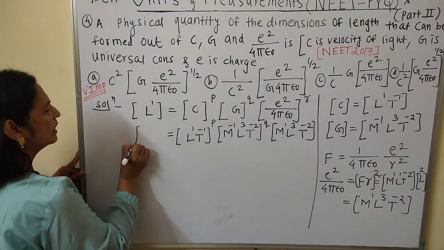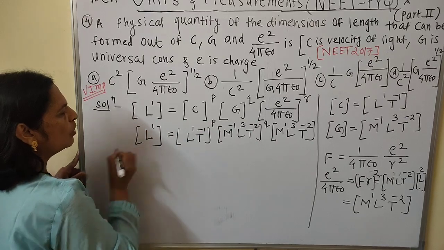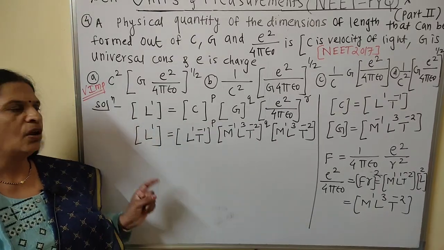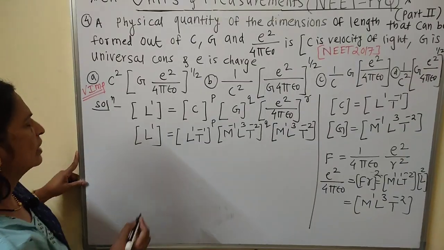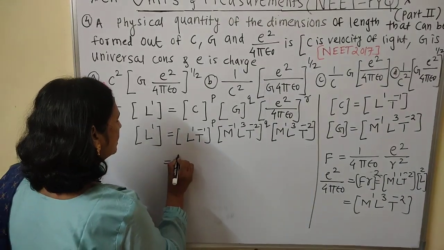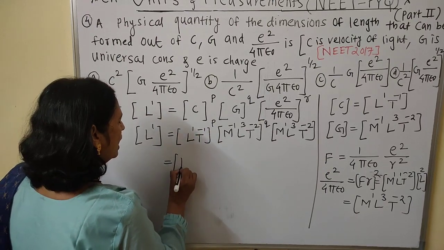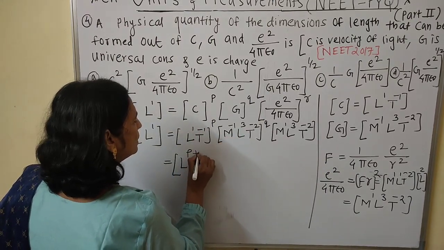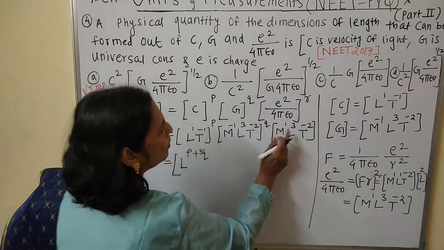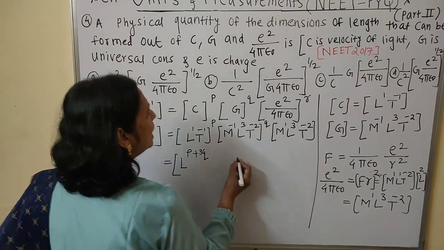And this is L raised to 1. Now apply the principle of homogeneity of the dimensions. Then it becomes L raised to P plus 3Q plus 3R.